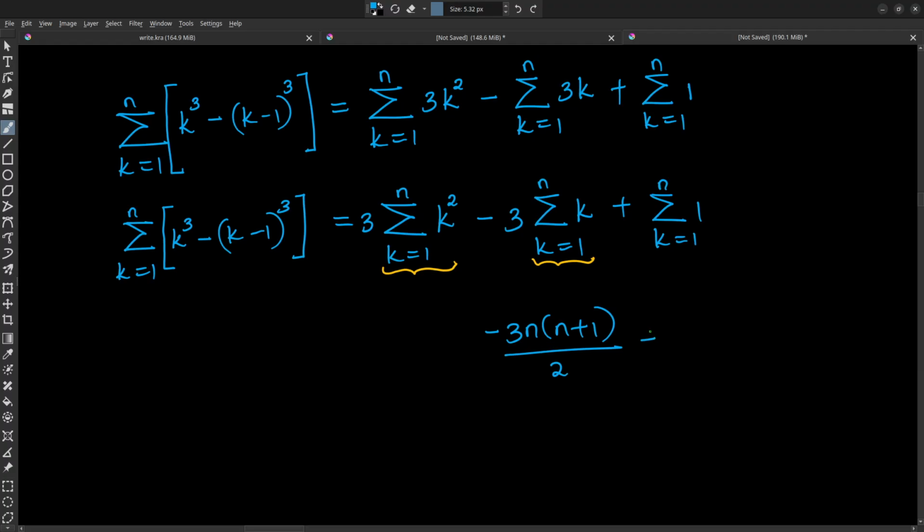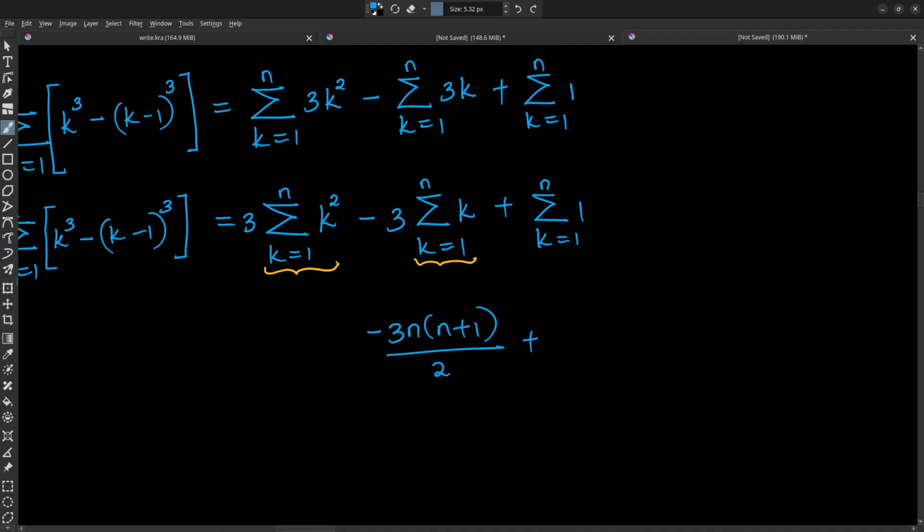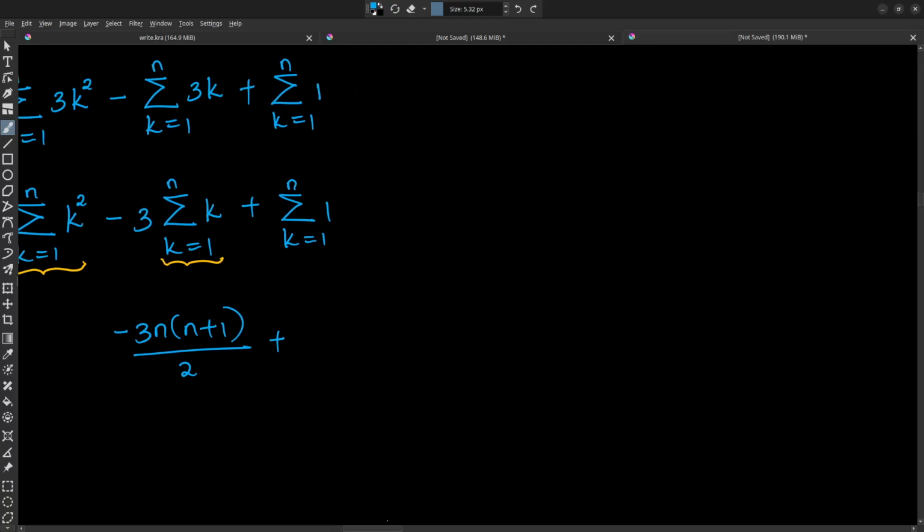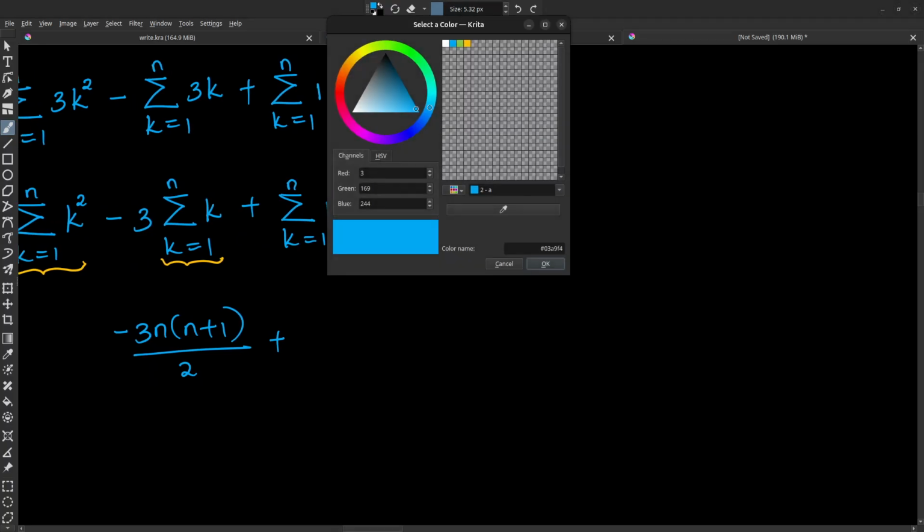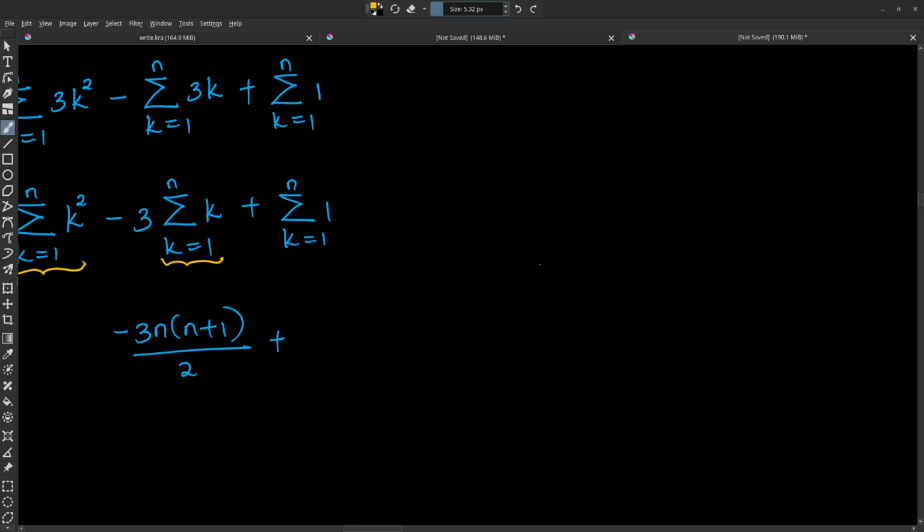Now let's talk about this other one. Let me scroll to the right, and we are going to try and write out what it means. When I give you the summation of k equals 1 all the way to n of 1, what does this mean?